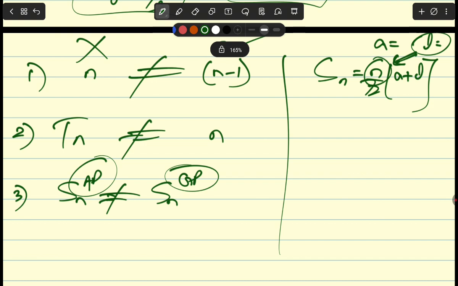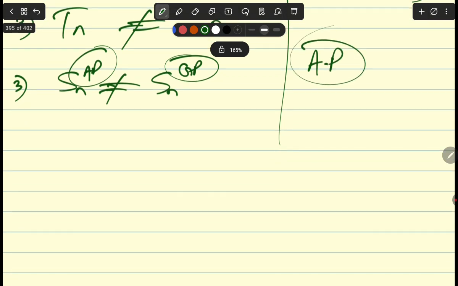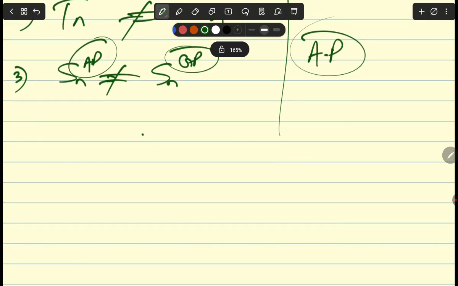So this lecture is not very lengthy. This is just half an hour long. We have finished the entire arithmetic progression part of the series chapter. There is nothing more to it. We now understand what an AP really is, why it is the discrete version of a straight line, and where the nth term formula comes from.